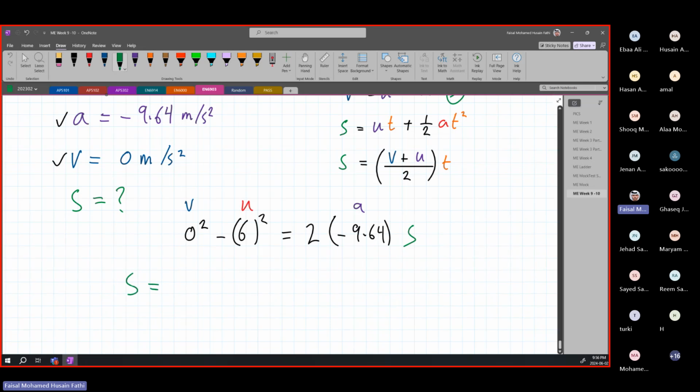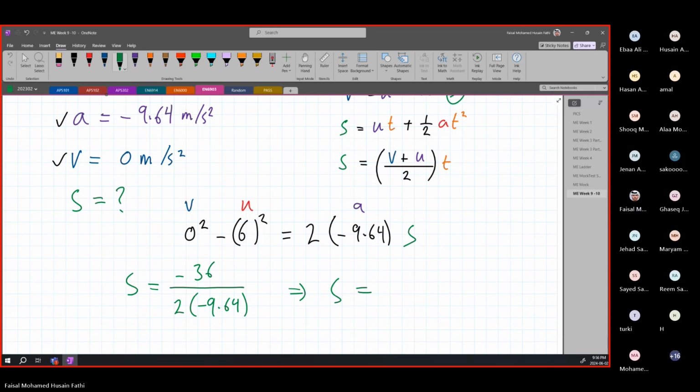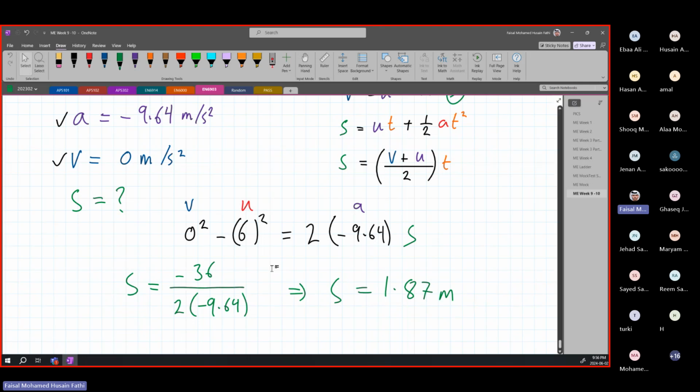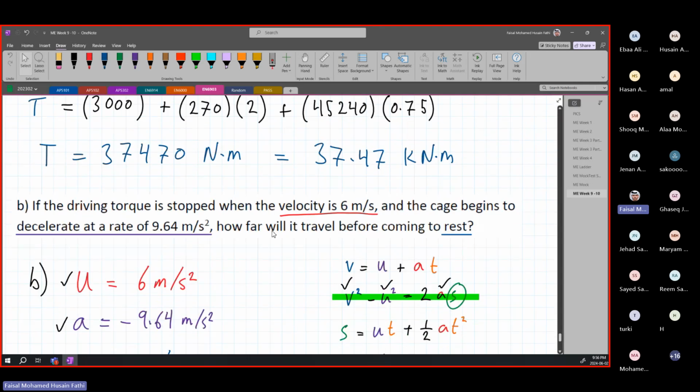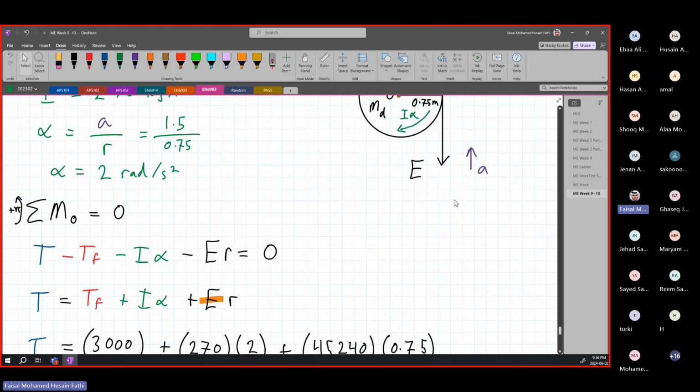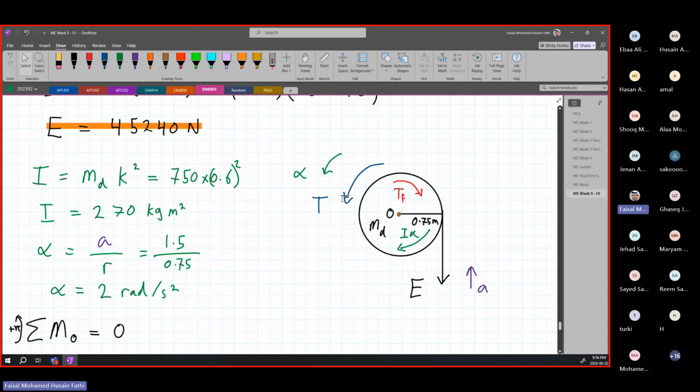So s is equal to minus 36, which is 6 squared, over 2 times minus 9.64. Therefore, our s value is equal to minus 36 over 2 into negative 9.64, which is 1.87 meters covered. So this is how far it has traveled after the acceleration has stopped, meaning after the torque has stopped.